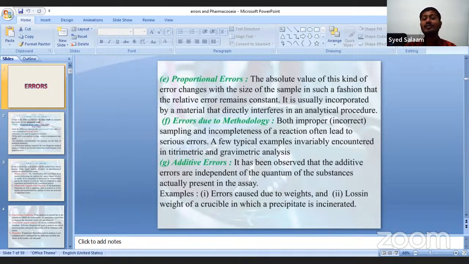Coming to significant figures. Okay, so when we are tabulating something or calculating values, we need to see about these significant figures. There are certain rules, based on the decimal system. All non-zero digits are considered significant.